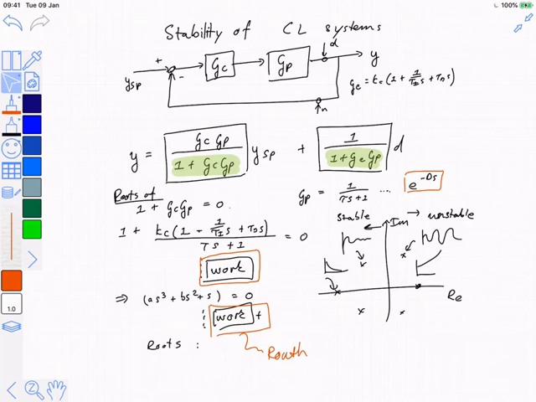And what that means is that the closed loop characteristic depends on the gains of all of the transfer functions in the loop.